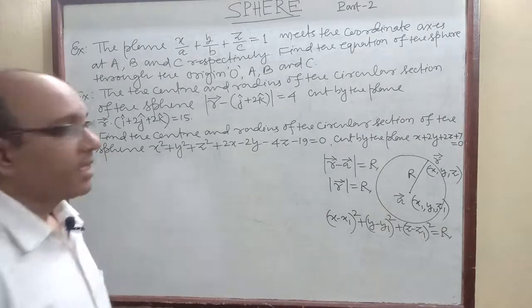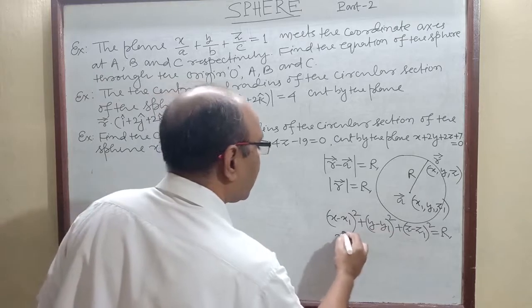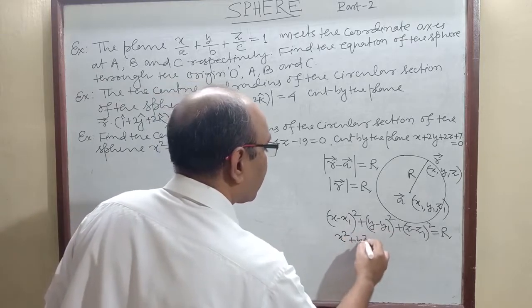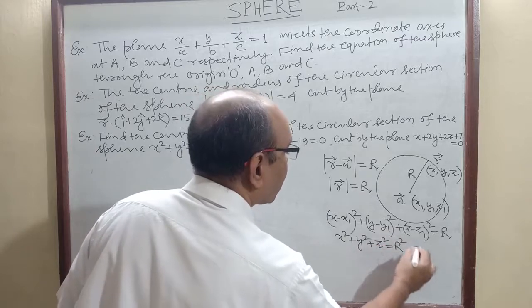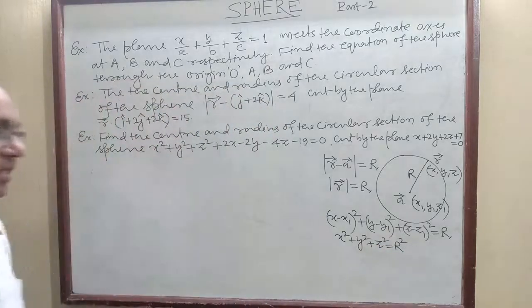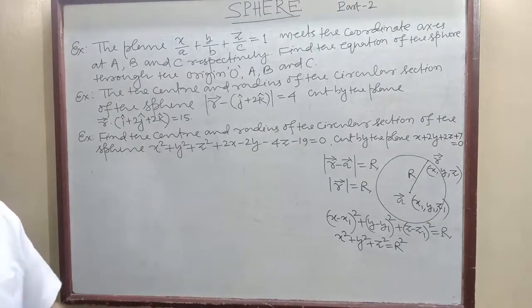If the center is at the origin, then x1, y1, z1 become 0 and it will be x square plus y square plus z square equal to R square. This is called the standard equation of the sphere.